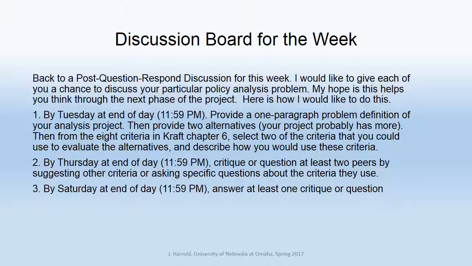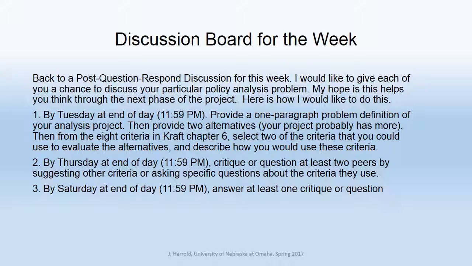And then from those 8 criteria on page 175 of the Craft book, figure 6.1, select a couple of those criteria that you would use to evaluate those 2 alternatives and how you would use those criteria. For example, if you said, I want to evaluate these alternatives based on political feasibility, well, how would you do that?